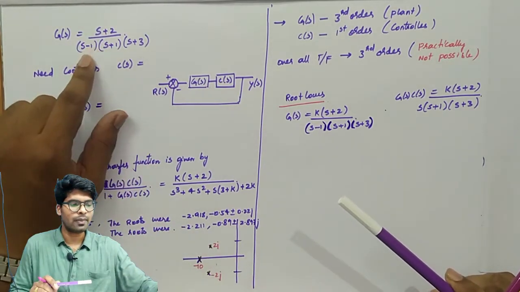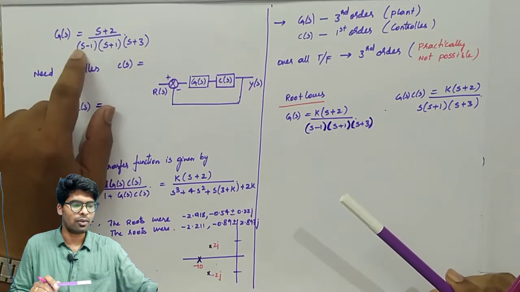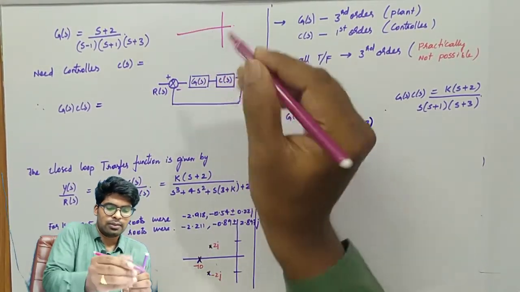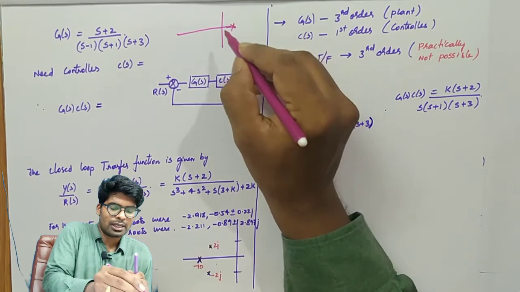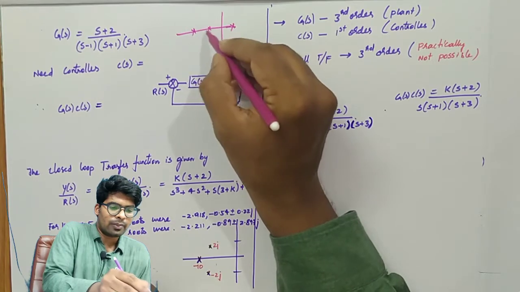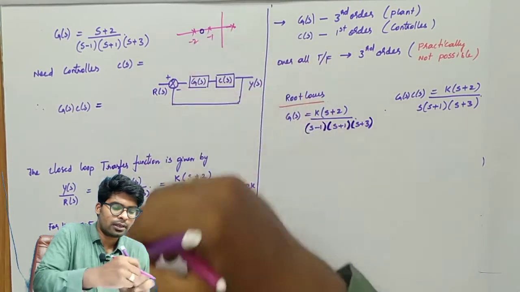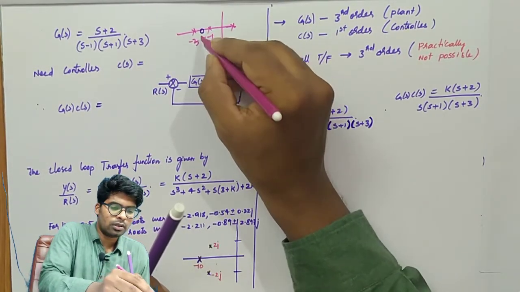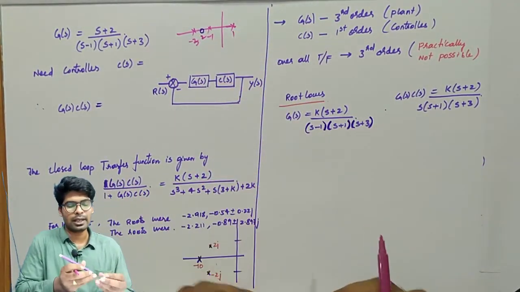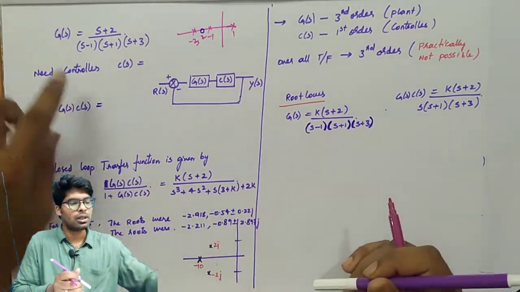If you observe carefully, we have two left half plane poles and one right half plane pole, at -1, -2, and 2, and a zero at -3. If the transfer function contains any right half plane poles, then the system is unstable. So this system is unstable.